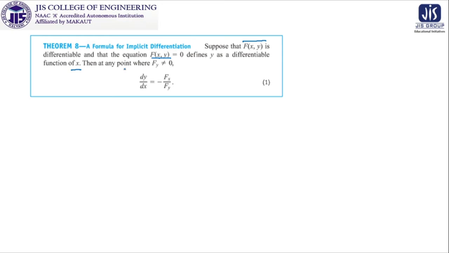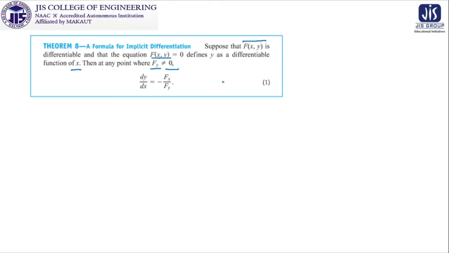Suppose it is x plus y, and if x plus y is equal to 0, then we can write y is equal to minus x, which is nothing but a differentiable function of x. And then at any point where fy is not equal to 0, this not equal to sign is the most important part, because dy/dx is going to be minus fx by fy.